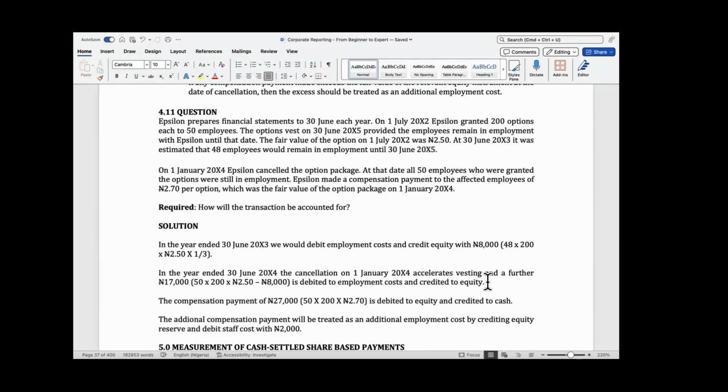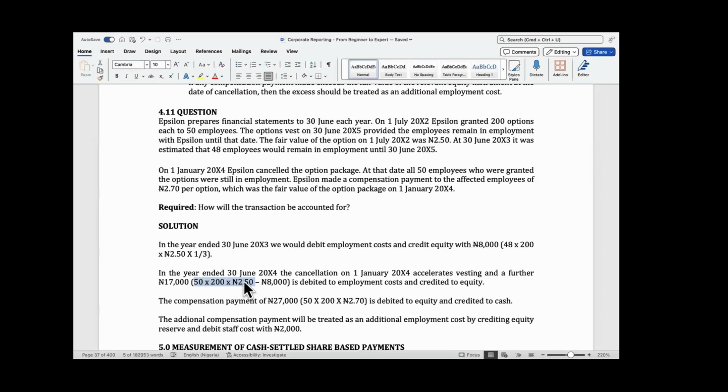So now, immediately they did that cancellation, everything will vest. The value of the option at the end of year two is the entire 50 employees, because they told us all of them are still in employment, multiplied by 200, multiplied by the fair value of the share option at the grant date.